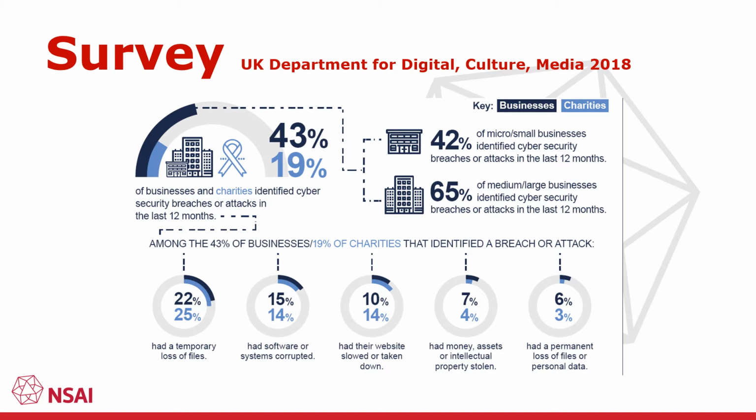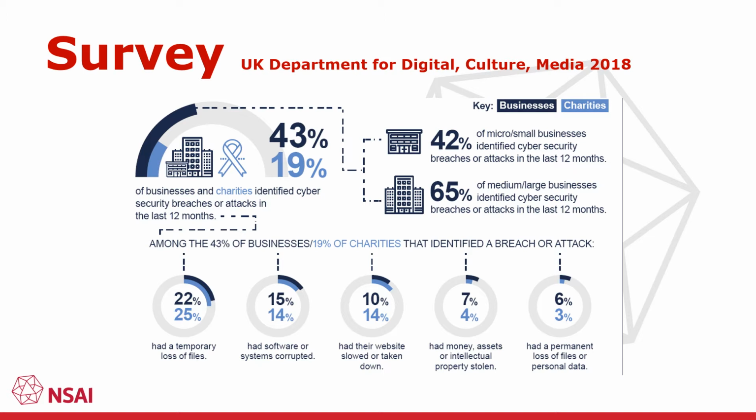This is the summary of a survey published by the UK Department for Digital, Culture and Media in 2018. As you can see, 43% of companies and 19% of charities have identified breaches or attacks in the previous 12 months. Within the 43% of companies, 42% are small companies with a larger focus of 65% on large companies.